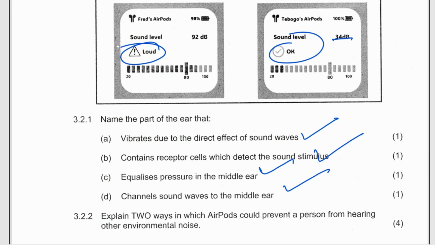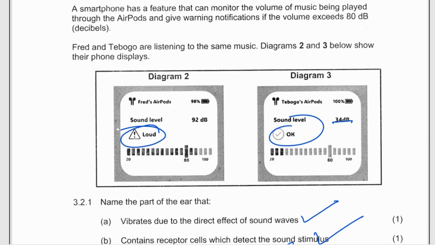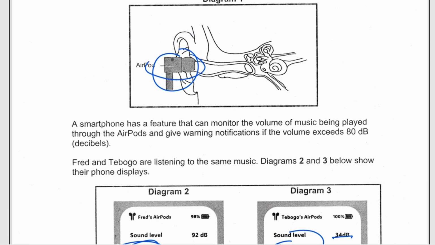They are saying explain 2 ways in which the iPod could prevent a person from hearing other environmental noise. Basically, if you look at it, it is fit into the ear, meaning that there is no external sound which is going to come. Then number 2, based on the technology, they have this technology which reduces or isolates the noise.